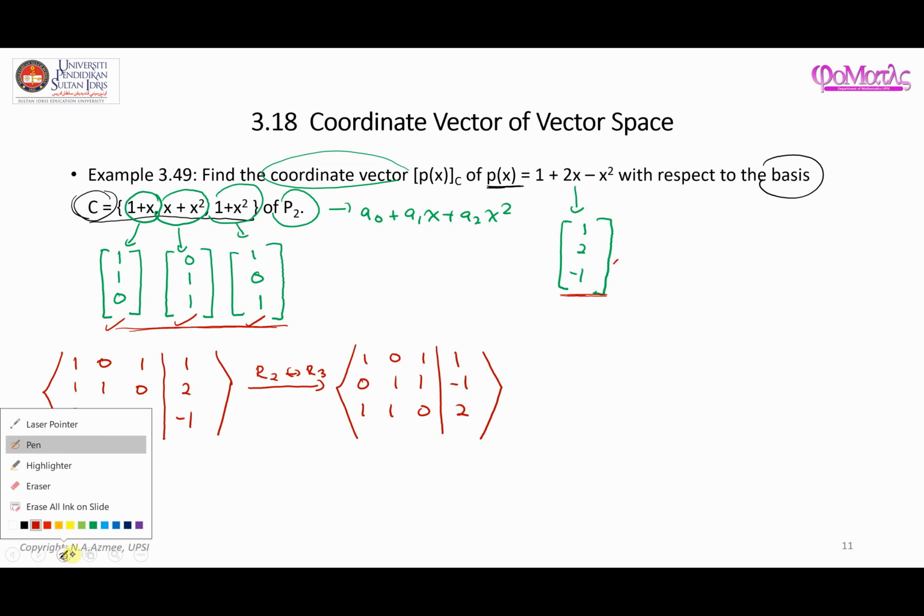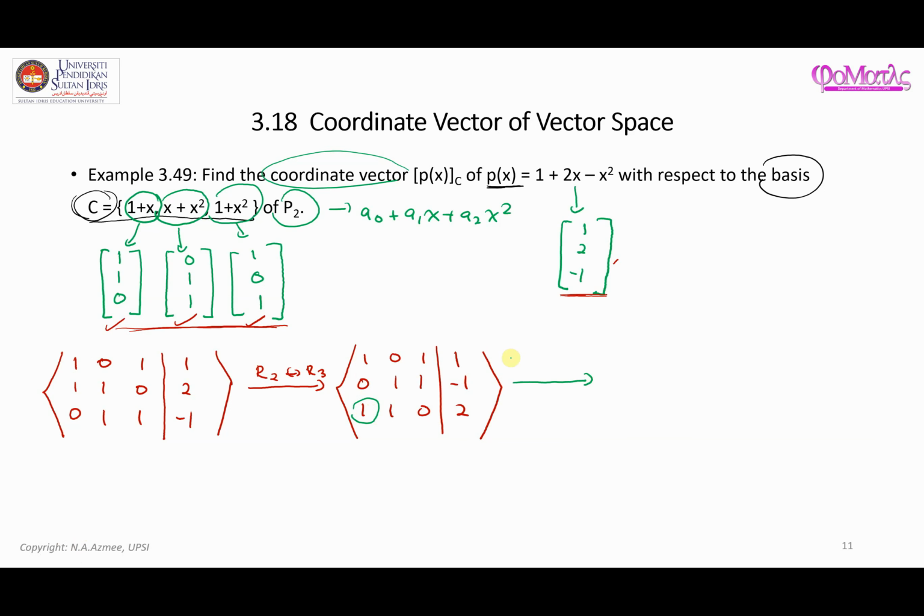Next, I would like to change this value to be 0. Therefore, R3 plus negative 1 R1. So 1 minus 1 is 0, 1 plus 0 is 1, 0 minus 1 is negative 1, 2 minus 1 is 1.